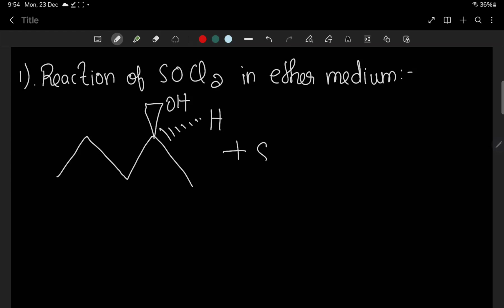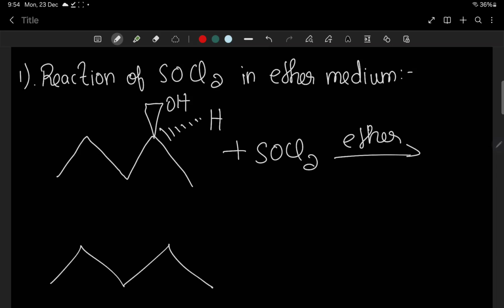Now I am adding SOCl2 into it, in which medium, children? In ether medium. What happens is that SOCl2, being so intelligent, gives us something like this: O, S, Cl, O.